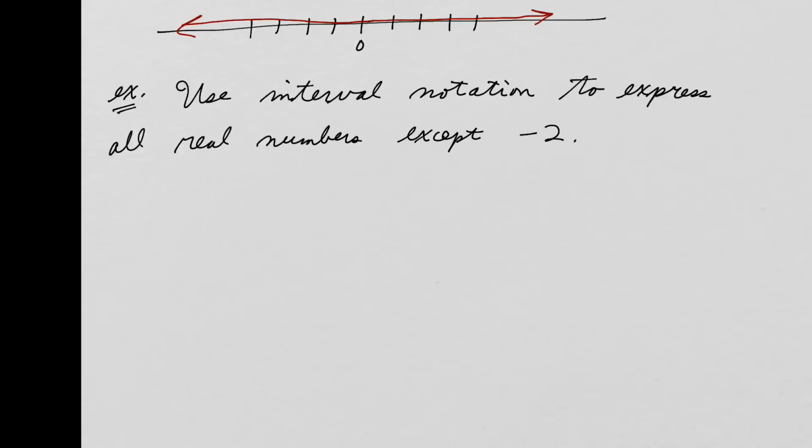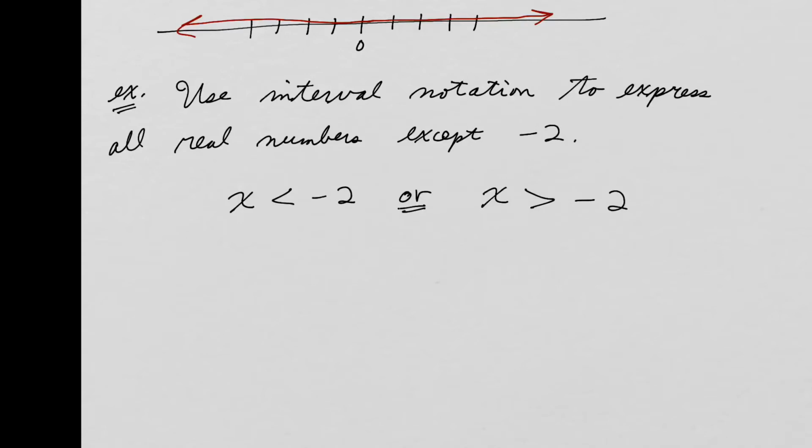Okay, so really what that means is I want to write all the numbers where x is less than negative 2, but not including it, or, and that or is going to be important, x is greater than negative 2.